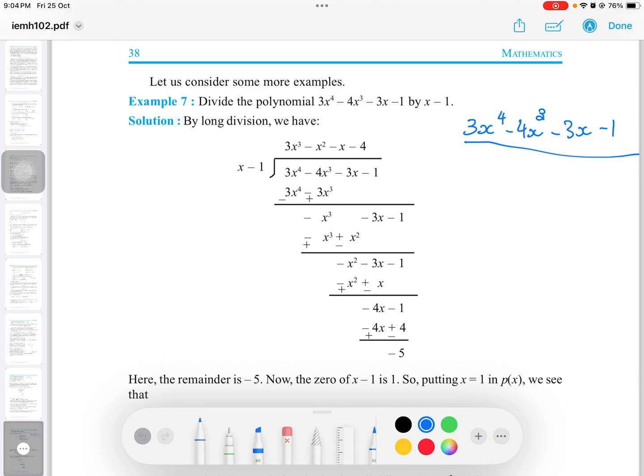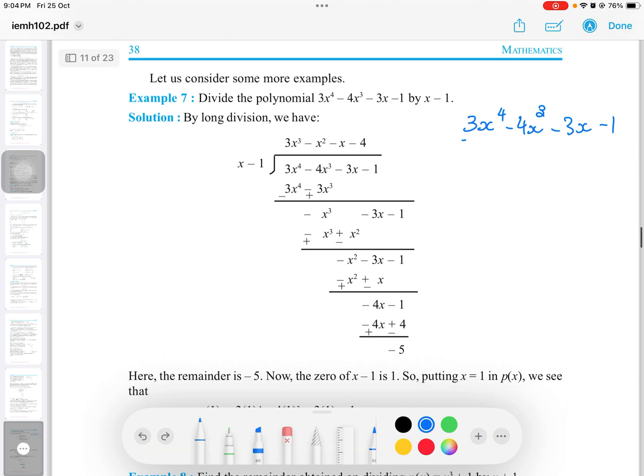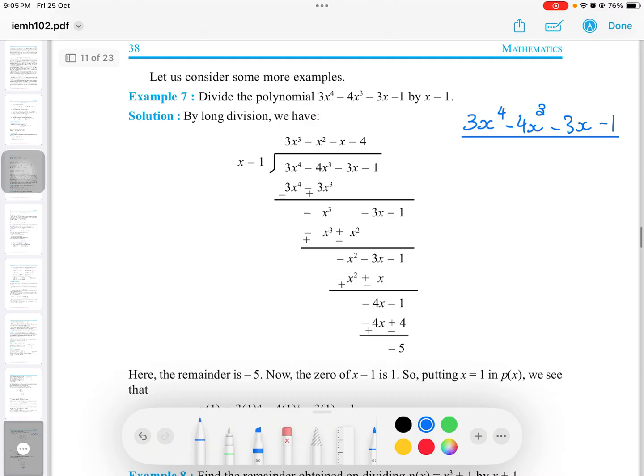Well, whatever it is, obviously it's an algebraic expression. How do you recognize that it's a polynomial? Because it has whole numbers as its exponents. Here 1 and here x power 0. But we're just not mentioning that because that's very obvious.